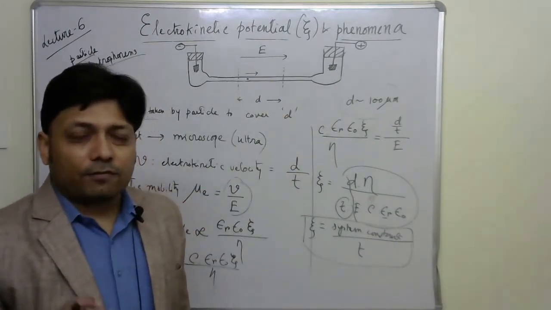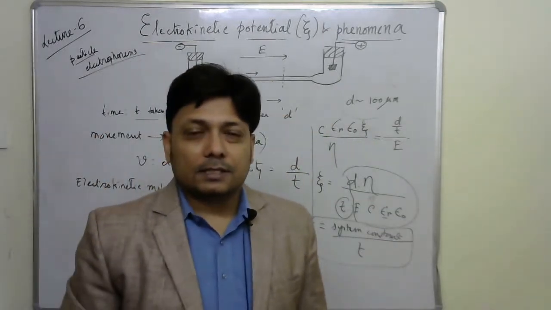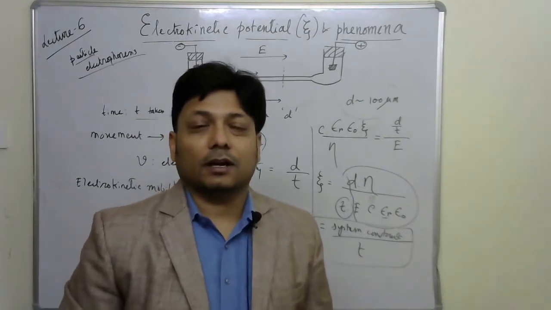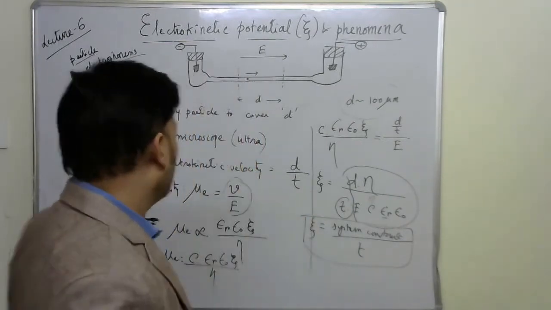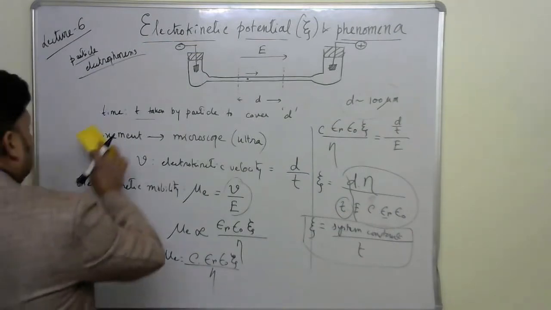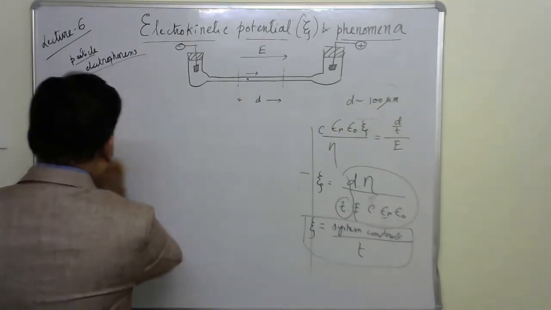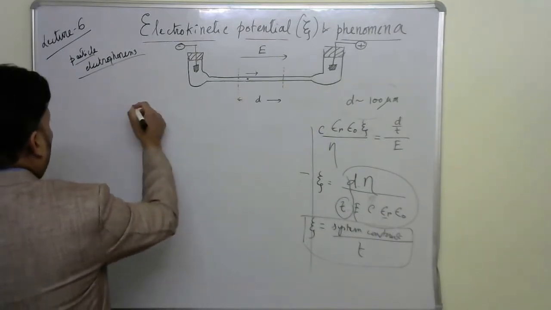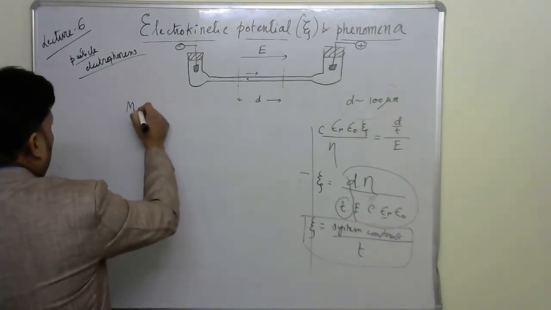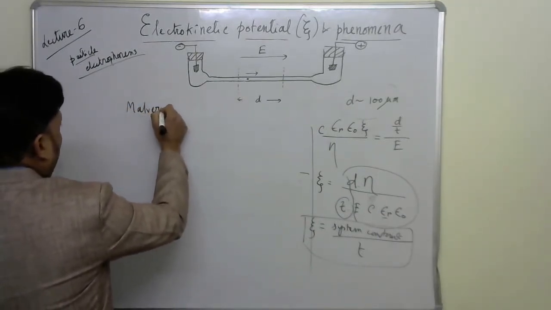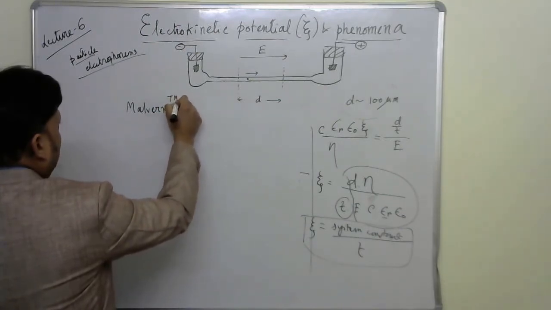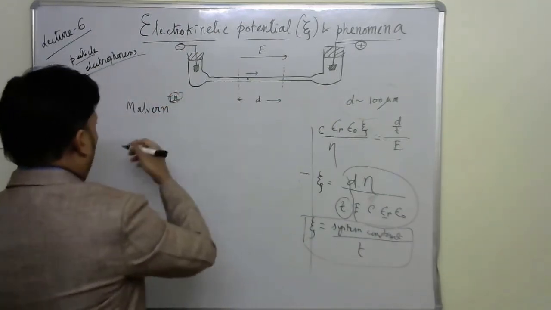So these days, advanced automated zeta potential measuring equipment is available. So one of such equipment, probably you have heard about it, or you have seen it, or you are going to come across, is manufactured by the company Malvern. So this is a trademark name.